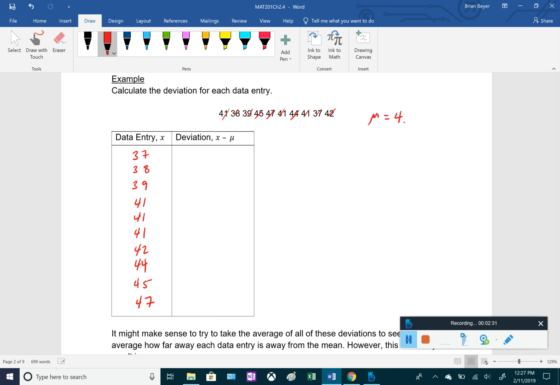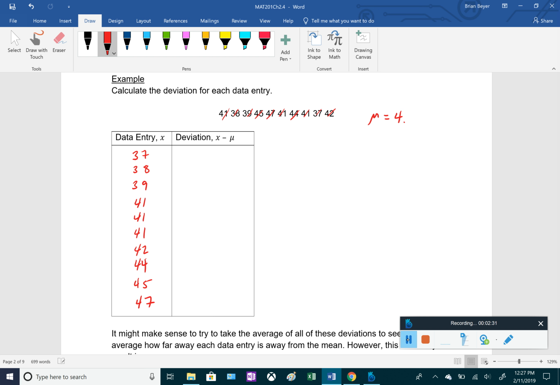Calculating all these deviations, the first one is going to be 37 minus that mean, which is negative 4.5. Next one is 38 minus the mean, which is negative 3.5. Then it's 39 minus the mean, which gives us negative 2.5. And I'll just fill all the rest of these in real quick.